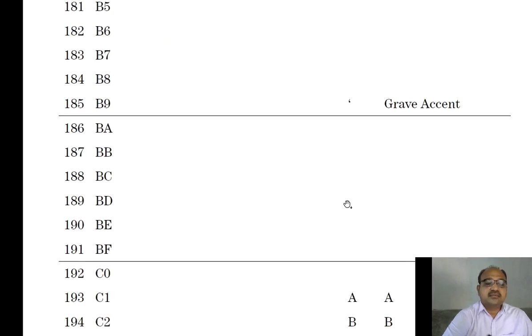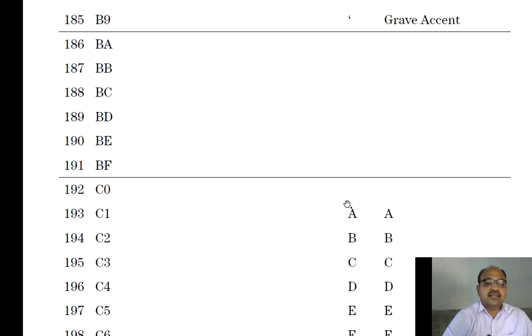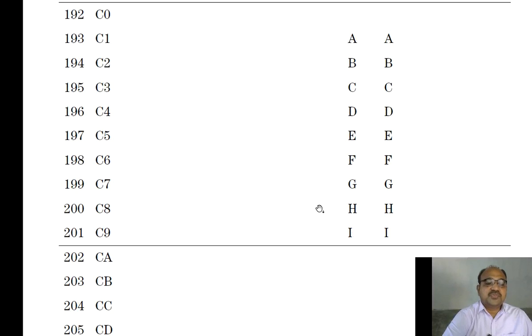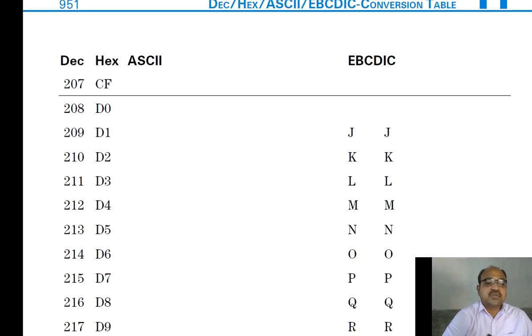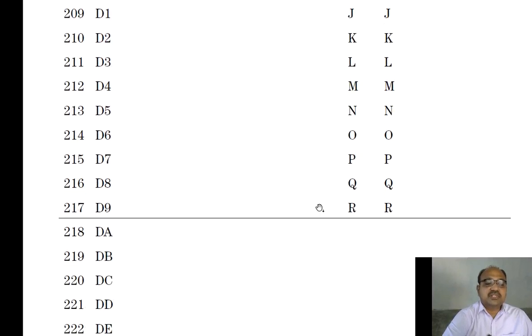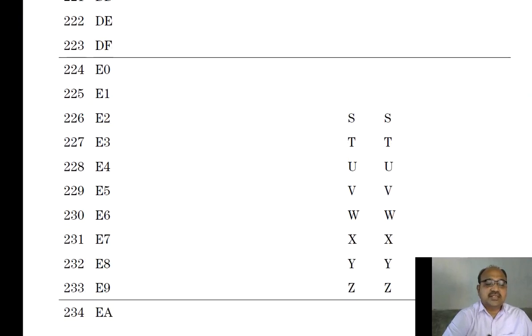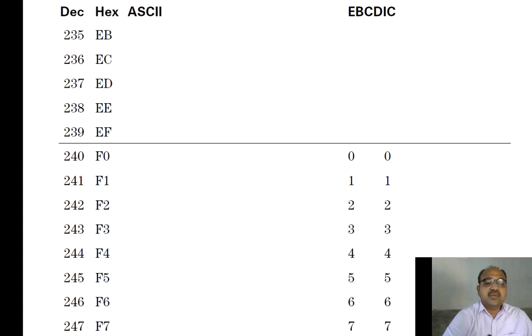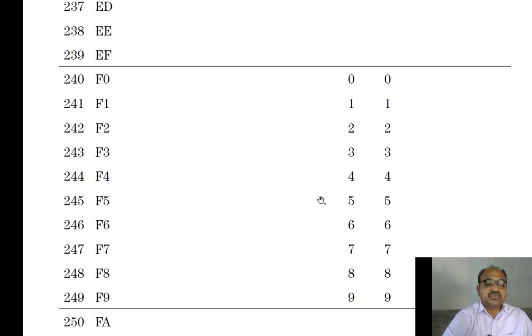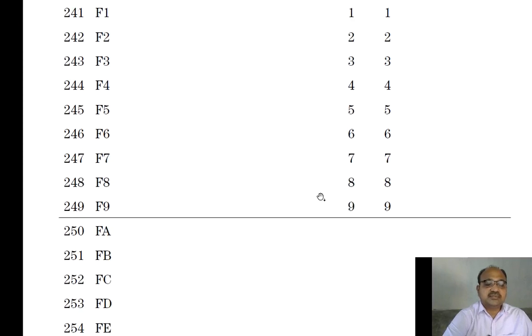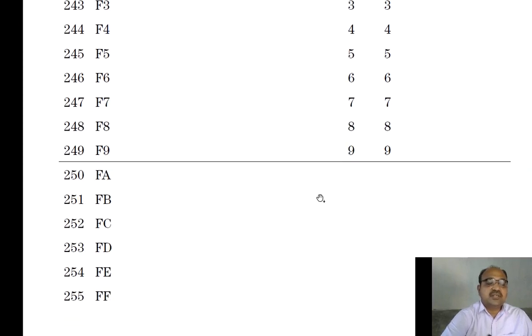Similarly, in EBCDIC, capital A is represented using the decimal number 193 up to I 201, from 209 to 217, from 226 to 233 capital Z. And numbers in EBCDIC are represented from decimal 240 to 249.